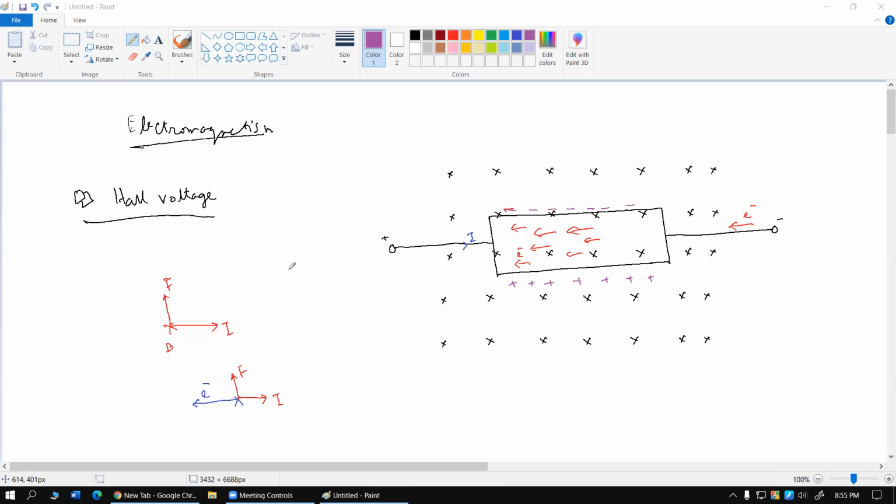If the magnetic field did not exist, all the electrons would be uniformly distributed across the metal sheet, so you would not have that type of voltage difference produced. Because of the presence of the magnetic field, as the electrons cut across the magnetic field lines, they are being pushed in the upward direction, which means there will be a higher concentration of the available electrons on the top side, and there will be a shortage of electrons on the lower side.